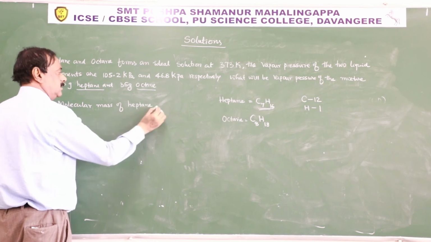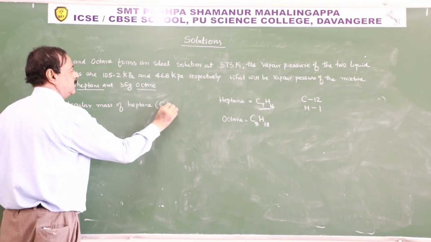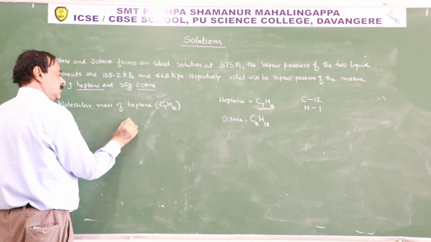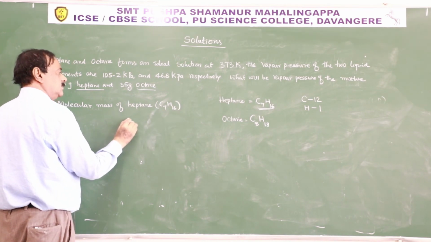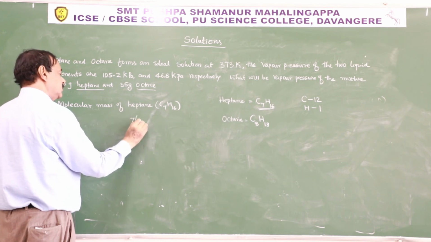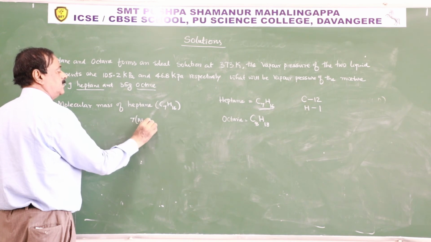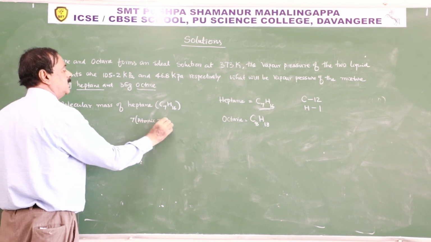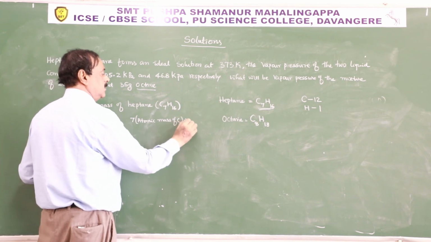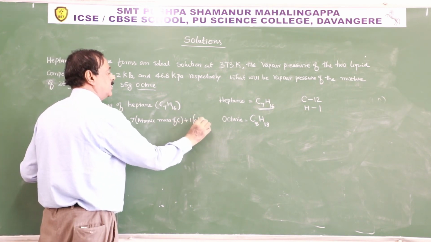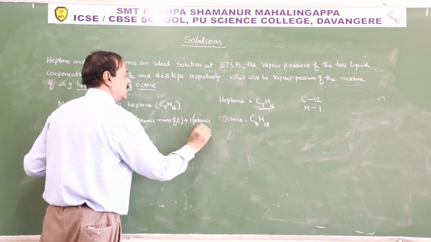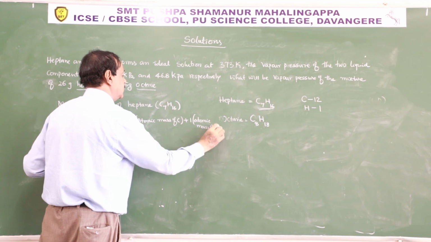Heptane is C7H16, that is given by 7 into atomic mass of carbon plus 16 into atomic mass of hydrogen.